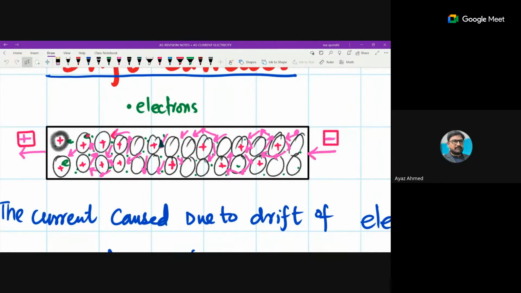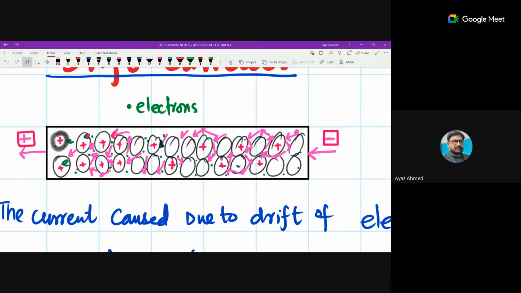It is trapped by that atom which is already ionized or which is already having a charge. Due to that, the electrons are drifted, and it hinders their path, or it hinders their passage to move from one point to another point.